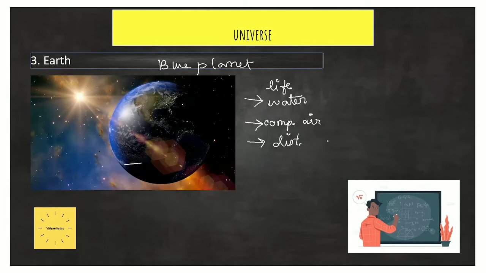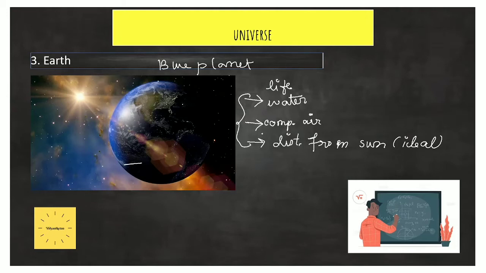So the distance from the sun is ideal for existence of life, and so are the presence of water and the composition of atmosphere. These three, distance from sun. Okay, let me write it here. Distance from sun. This is also ideal. So all these three points help for the existence of life on Earth.